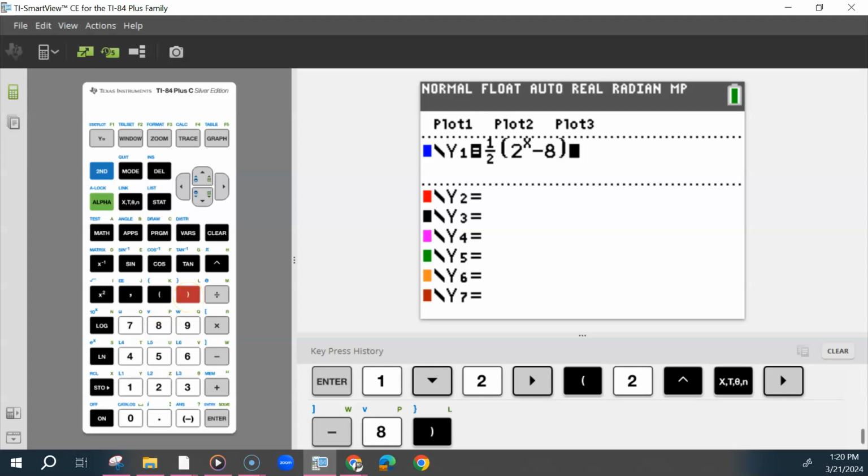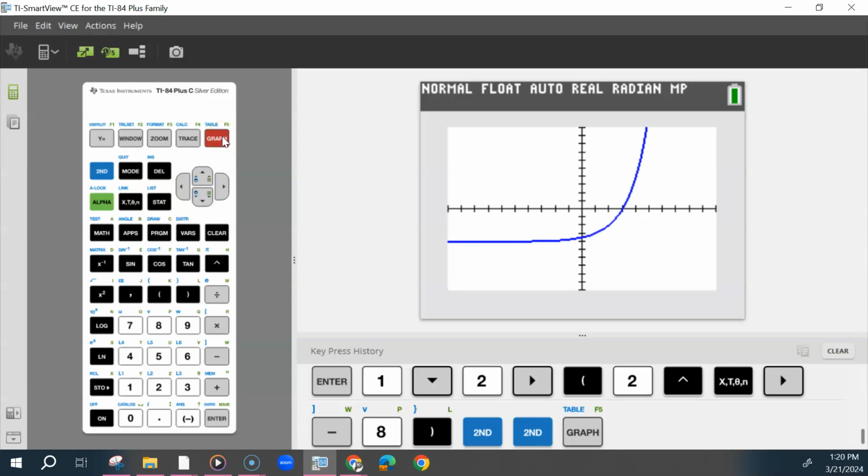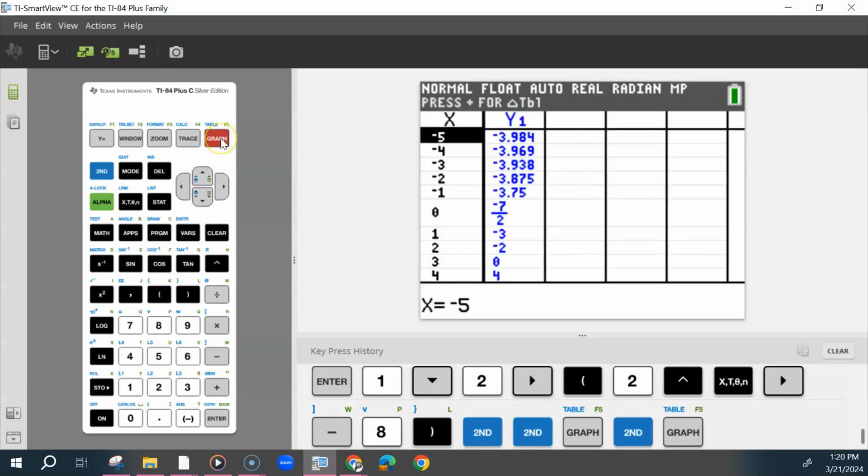And then I'm going to go into my table. Oops, I had graph, so you can see what it looks like. Second table. And I just want these values.